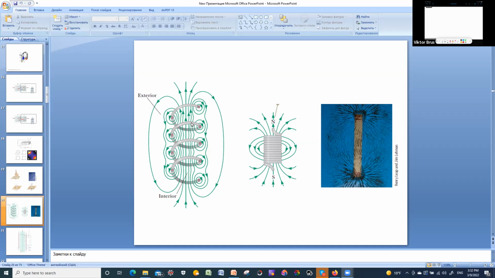So our goal will be to calculate magnetic field in a solenoid. So for this purpose, let us go to the next slide.